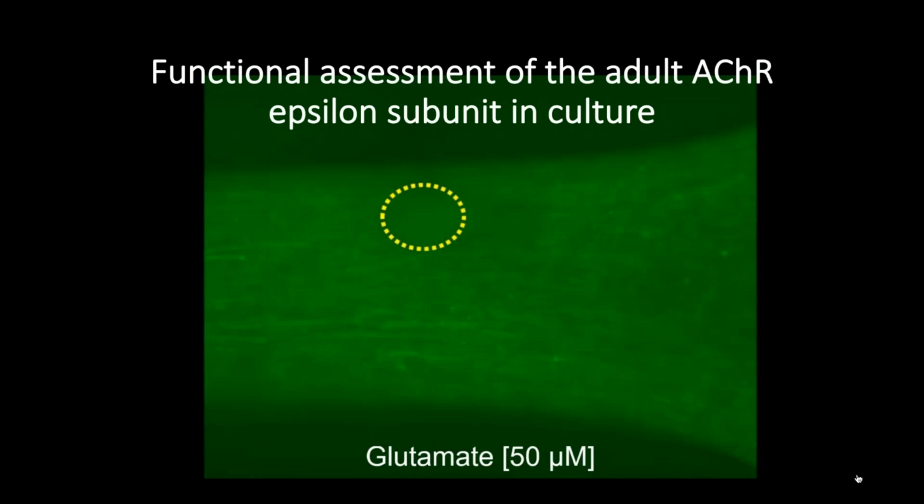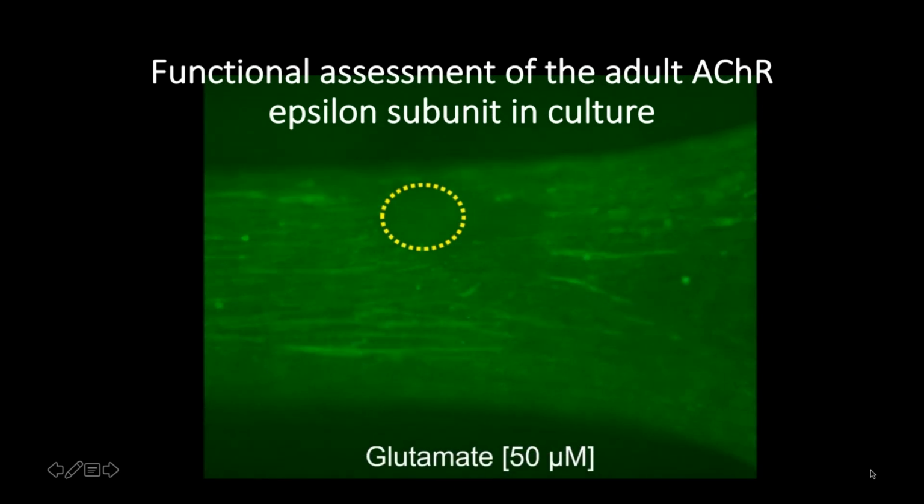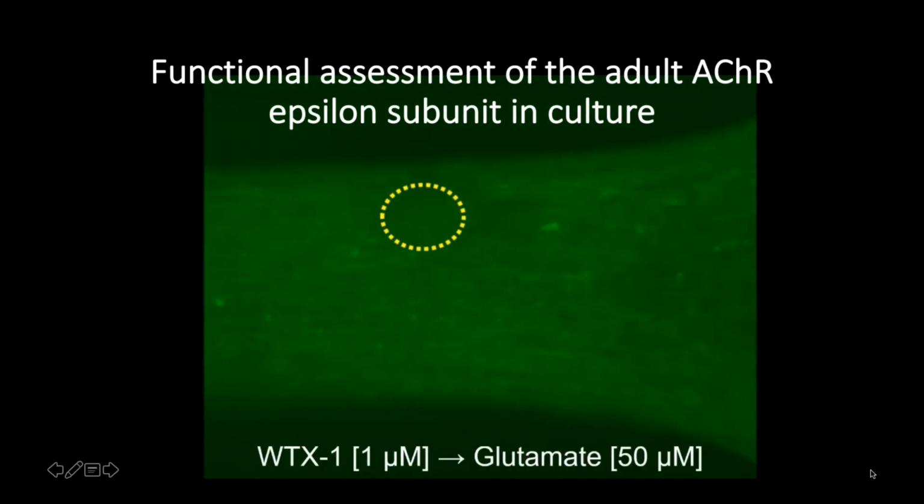Hopefully what you can appreciate is that we have a dampening of the signal, the calcium transients, upon pretreatment with this peptide that blocks the epsilon subunit. So here we have our glutamate stimulation. And now in this series of videos, we've blocked the epsilon subunit and stimulated with glutamate.